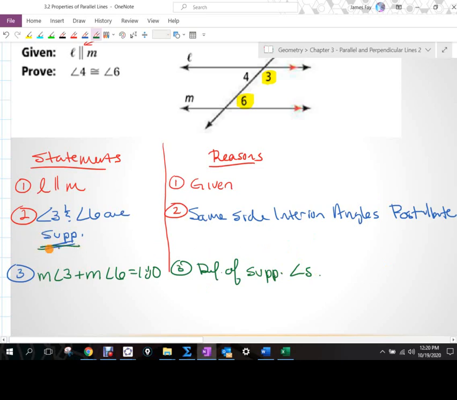Whenever you introduce a vocabulary word and then you use it to make a statement, your reason will be the definition of that vocabulary word. In my videos last week, I explained if you want to write out that supplementary angles add up to 180 degrees, you can do that, and that would actually be what you would see in the glossary underneath supplementary angles, right?